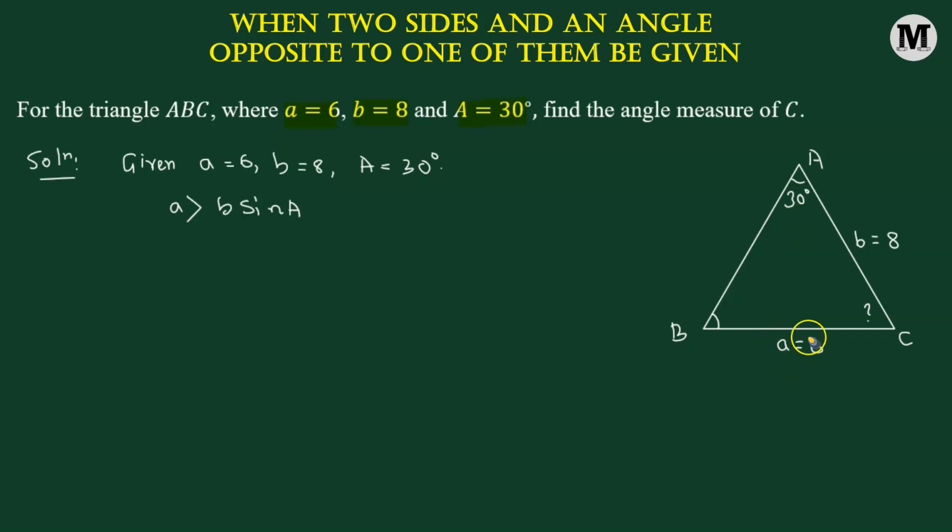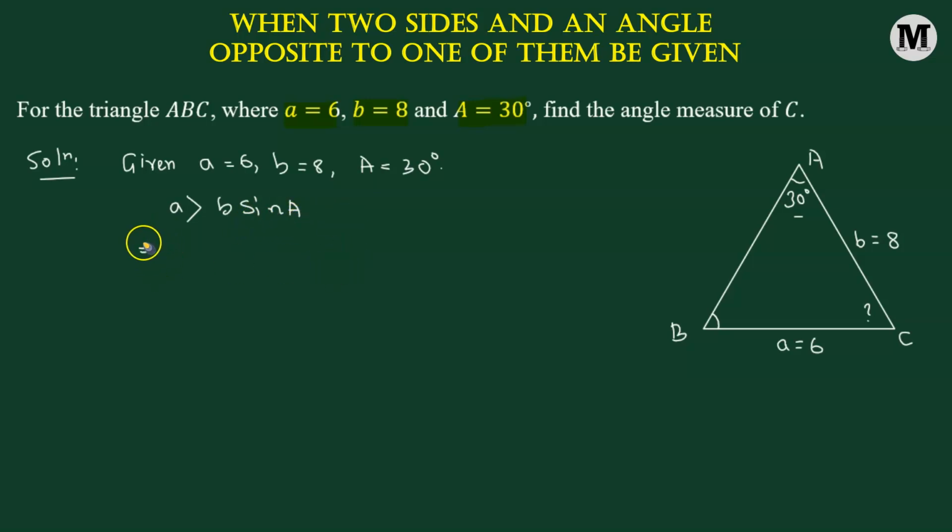Consider the side that is opposite to the given angle A, so that is a here. It has to be greater than the side adjacent to the given angle, which is b, multiplied by the sine of the given angle. If that is true, then we can proceed.